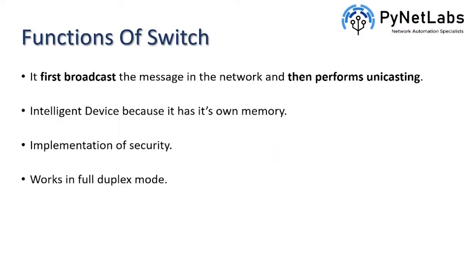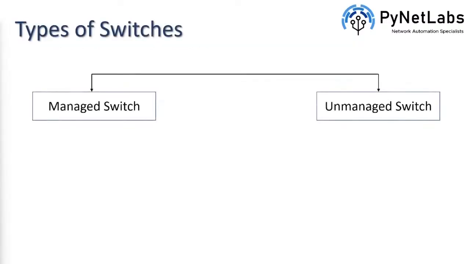Then when we talk about switches, we have some different types of switches. These are managed switches and unmanaged switches. Managed ones allow you some additional features, and unmanaged are simple sorts of switches.